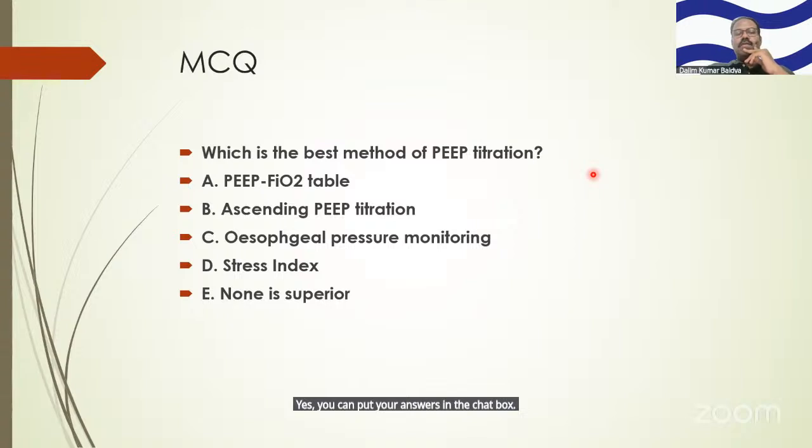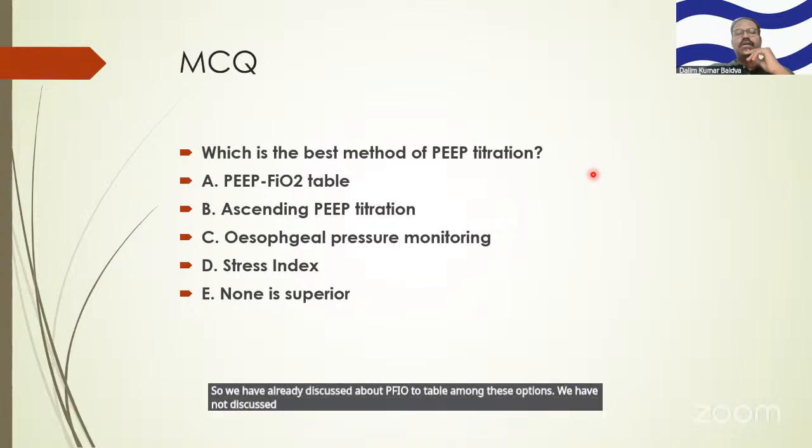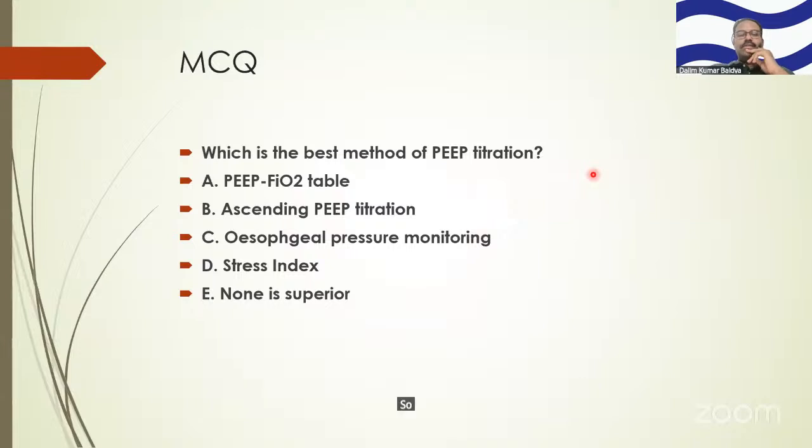So among these options, we have already discussed the PEEP FiO2 table. We have not discussed the other ones. There are n number of ways of setting up a PEEP in a patient of ARDS. We have mostly answers A and B so far.